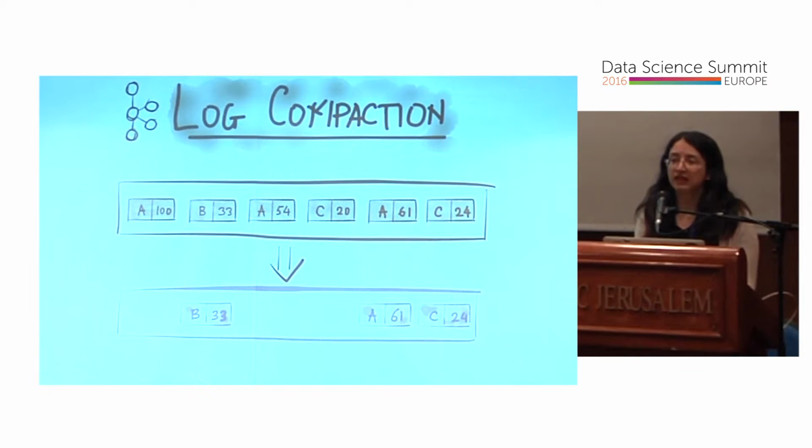Log compaction is our attempt to treat data in Kafka as more of a key-value store. The idea is that a lot of the time the events in Kafka actually represent updates to a table in a database. So you're getting events from, say, Oracle or Cassandra. A lot of them would just be the same row with the same primary key, with different things happening to it.